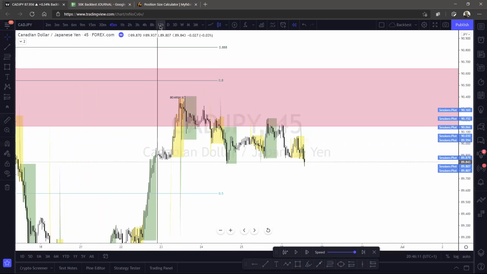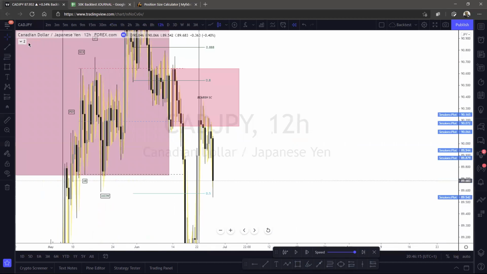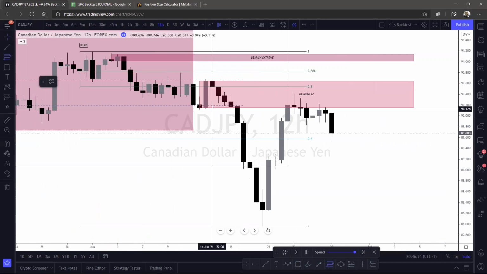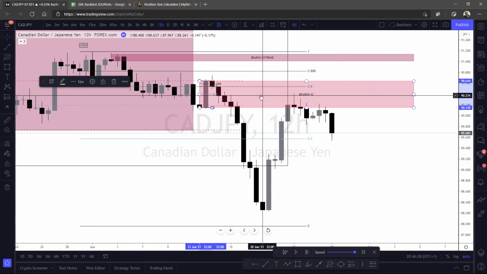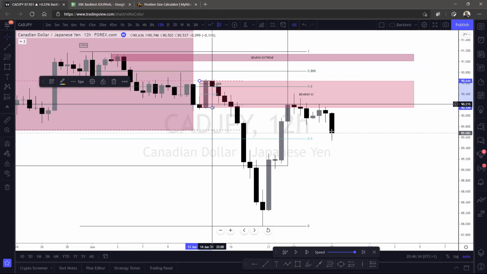So now where did price come into? Price came bang onto 50% of this 12-hour here.